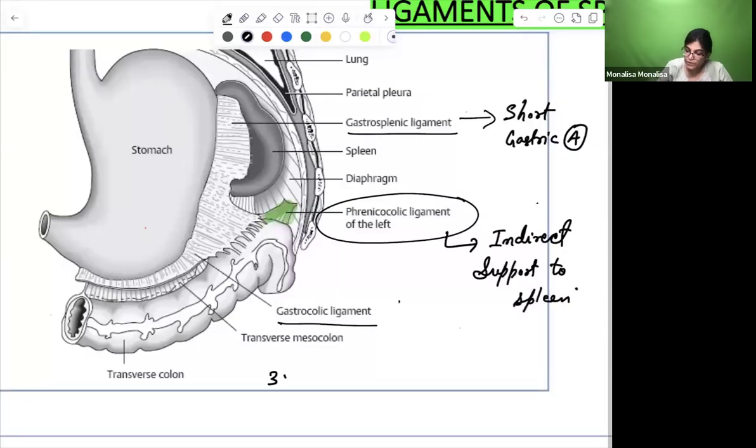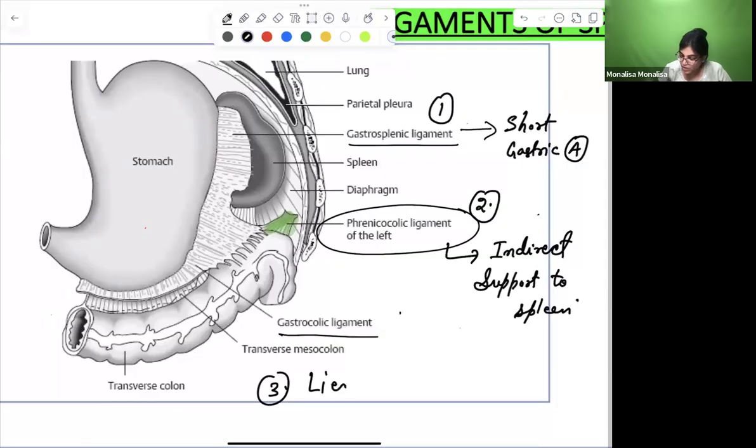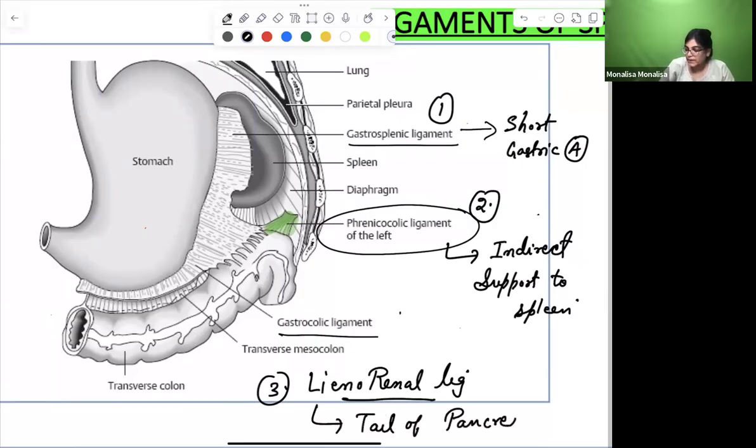And one more important one is the lienorenal ligament, which is containing the tail of pancreas and splenic artery.